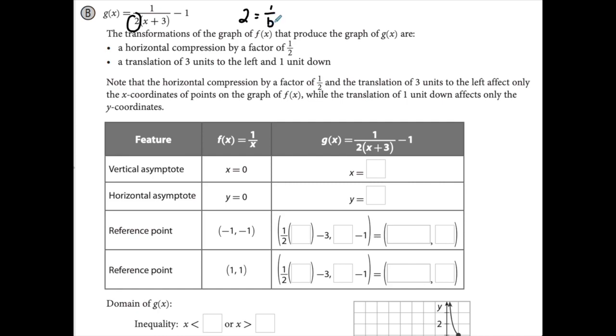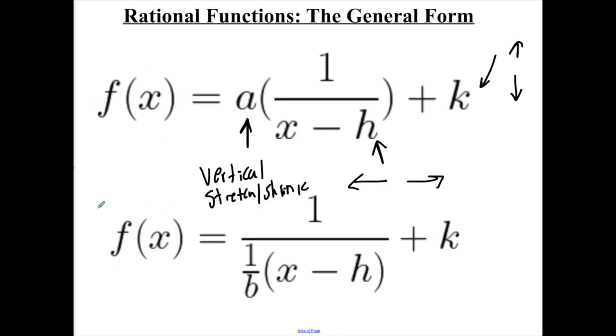So what would b have to be for this to be true? Well, switch places, b equals 1/2. You just have to be careful there. If you're like, wait, what? Go back to this form. It looks just like this one on the bottom. So when you see it like this, this represents a horizontal stretch.